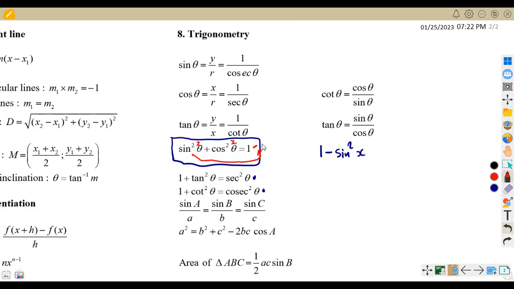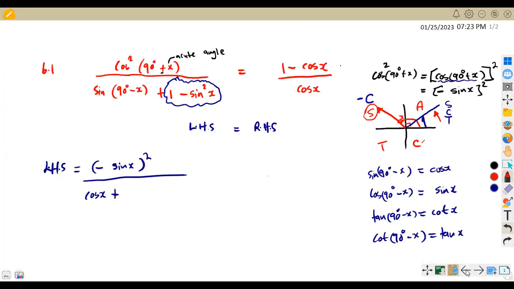It was a positive, so we're going to have this as a minus, which is 1 minus sine squared x. Remember, we have transposed the sine squared, which means sine squared is no longer there. So we are remaining with cos squared x. So cos squared x is the one that is equal to 1 minus sine squared x. So this is the identity that we are going to use in place of 1 minus sine squared. So we obtained cos squared x.